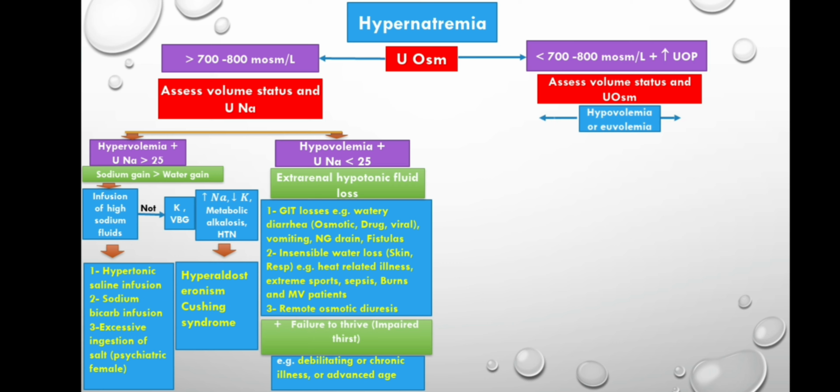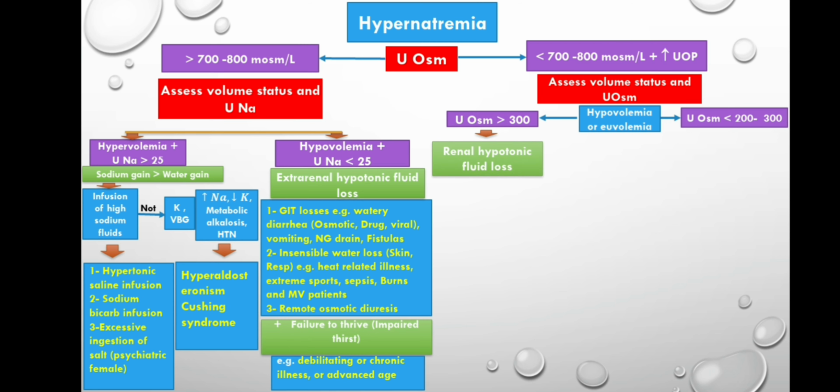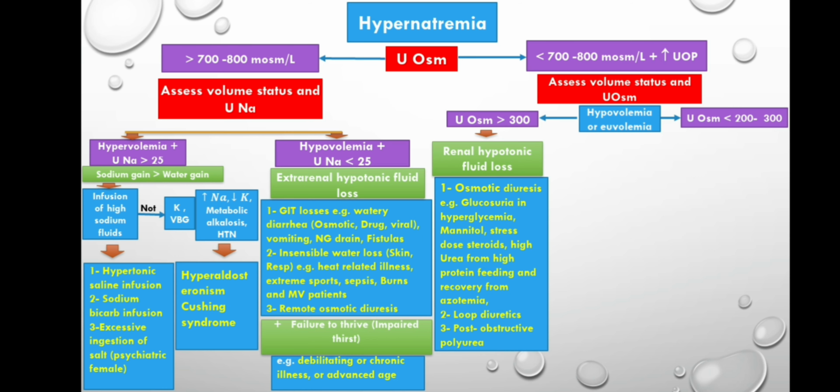If urine osmolarity is less than 700 but more than 300, this indicates renal hypotonic fluid loss, like osmotic diuresis from hyperglycemia, which causes glucosuria, mannitol infusion, sometimes stress dose steroids, high urea from high protein feeding, and also the polyuric phase of acute tubular necrosis. Urea causes osmotic diuresis. When ATN resolves, this causes polyuria.